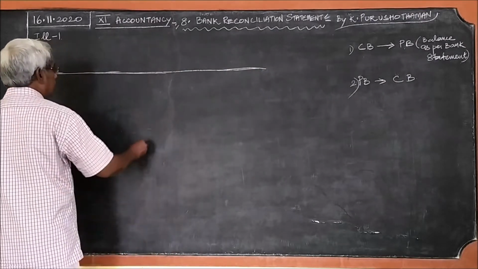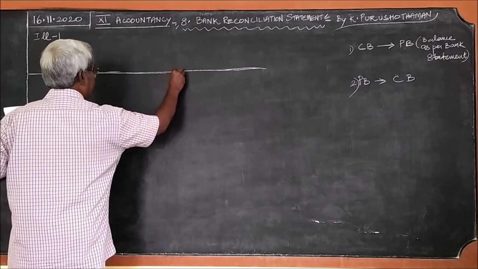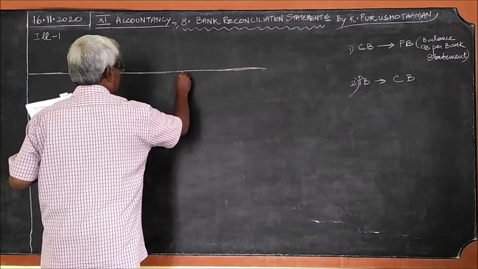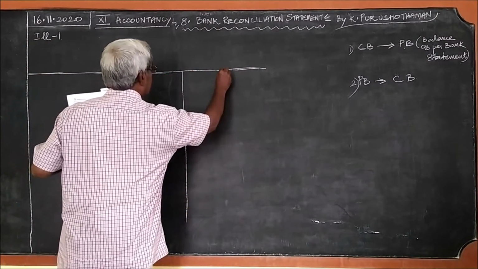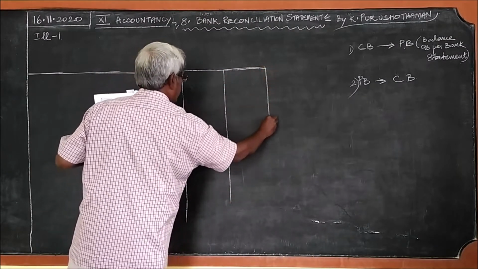For this, there are only 3 columns. Particulars, amount in rupees, that's all.